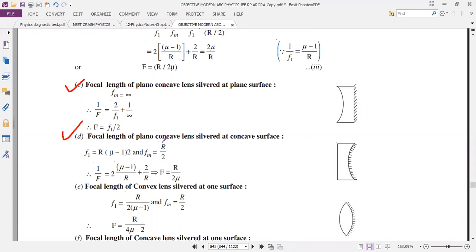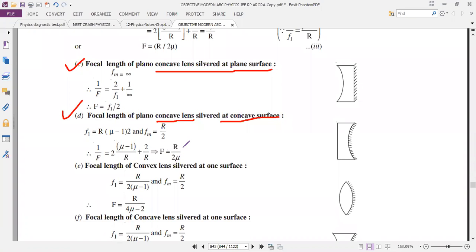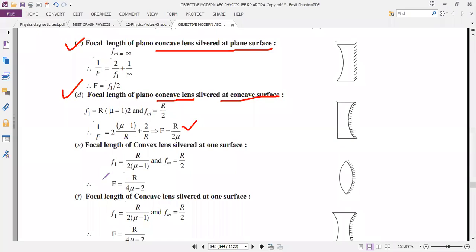For a plano convex lens silvered at the plane surface or a concave lens silvered at the concave surface, it is different. Focal length of a convex lens silvered at one surface: silvered means on this side it is not visible, only one side. The formula is F equals R divided by 4 mu minus 2. Focal length of a concave lens silvered at one surface, please know the formulas.